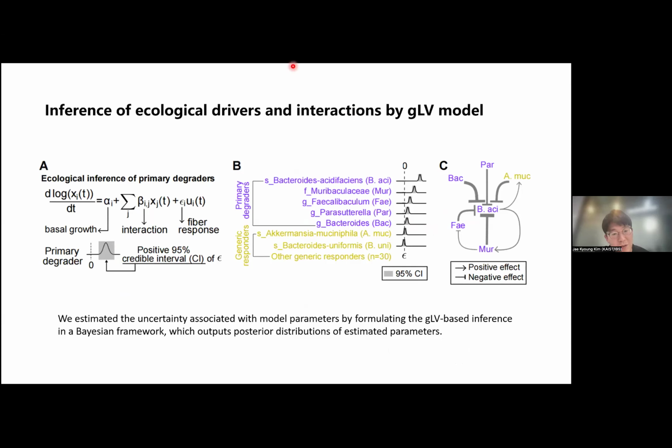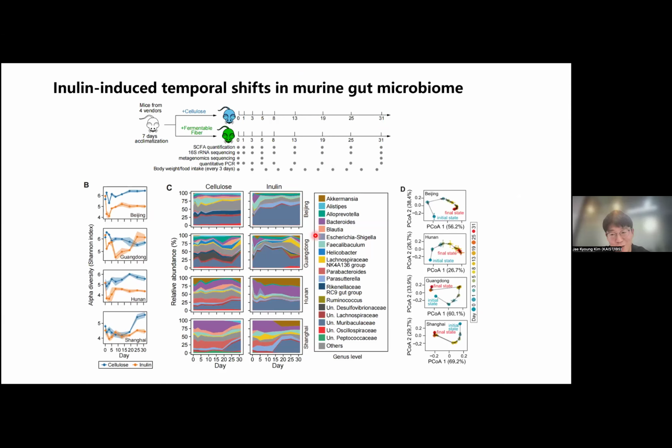Why do you compare the different cities? Because it's interesting: Beijing, Hunan, Guangdong and Shanghai. The different panels are actually mice with different geographical baselines.